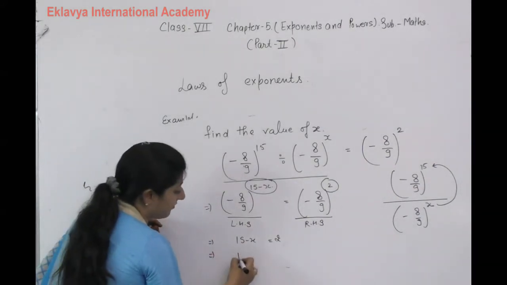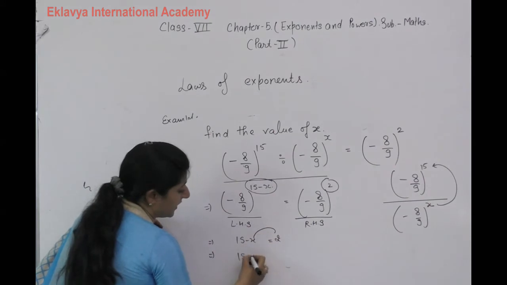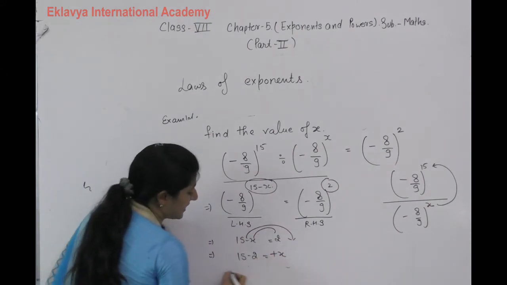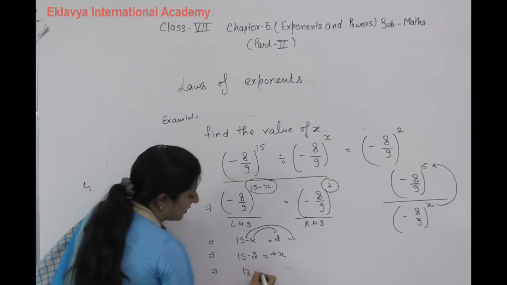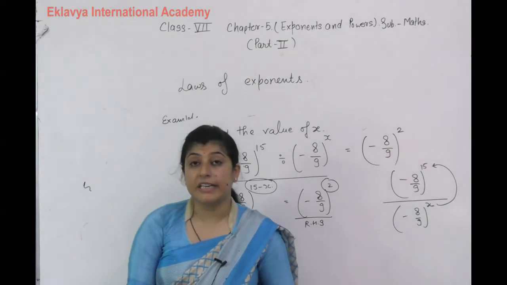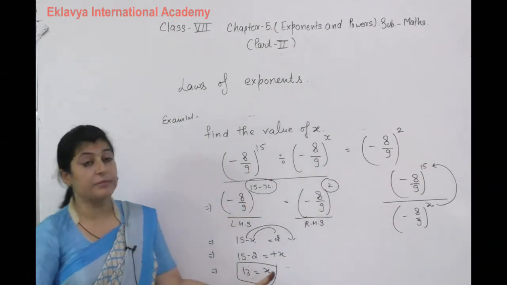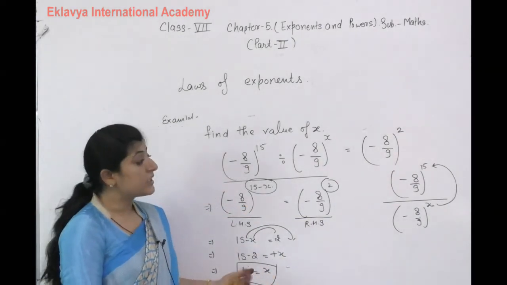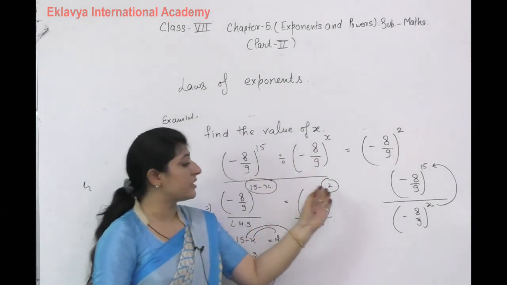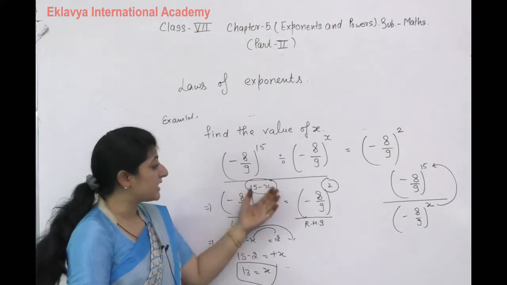Now solve it. We take this 2 here, then minus x, when you change the side it becomes plus x. Then 13 is equal to x. I mean the x value is equal to 13. If we take 13, then 15 minus 13 is equal to 2. We get this result.